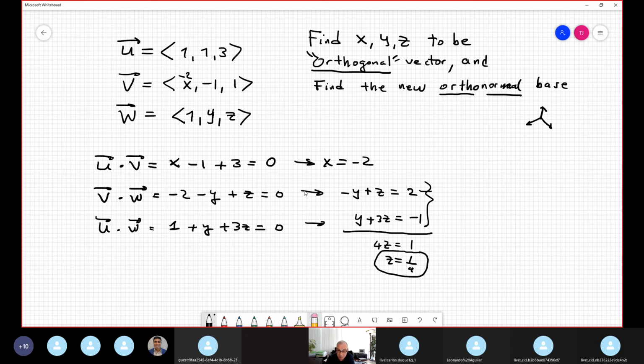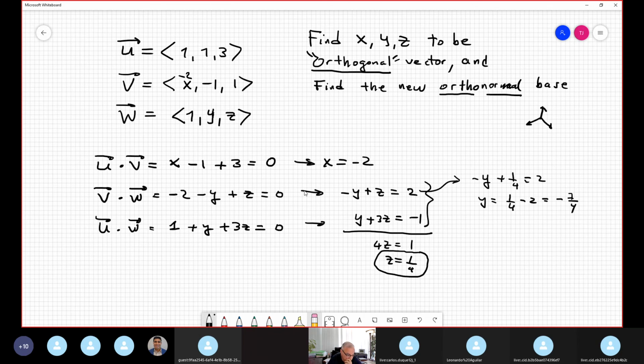I select the first one: negative y plus 1/4 equals 2. Therefore y is equal to 1/4 minus 2, which is negative 7/4.